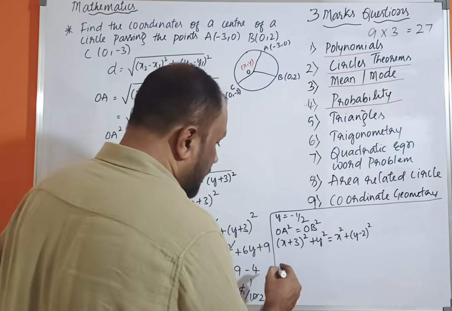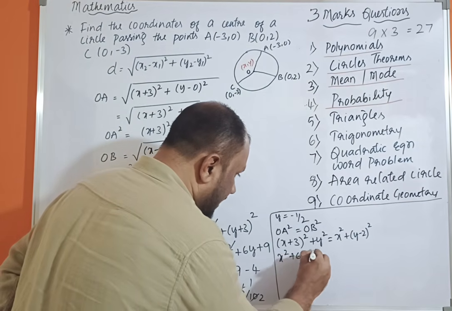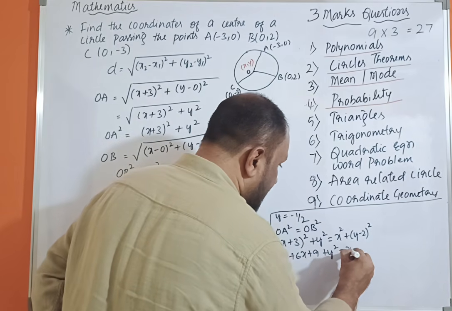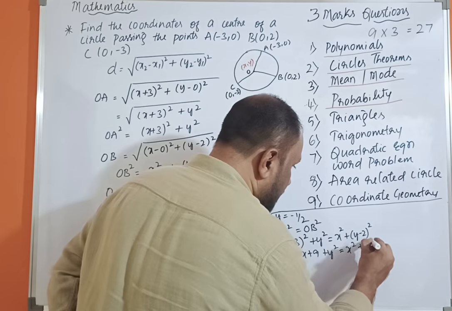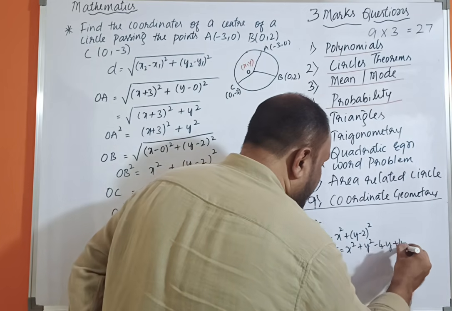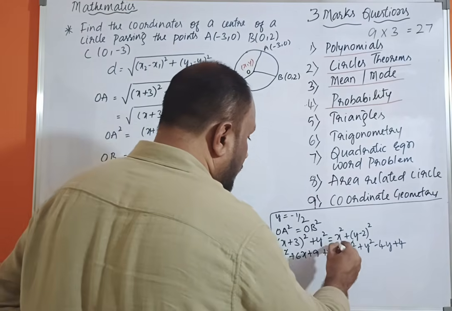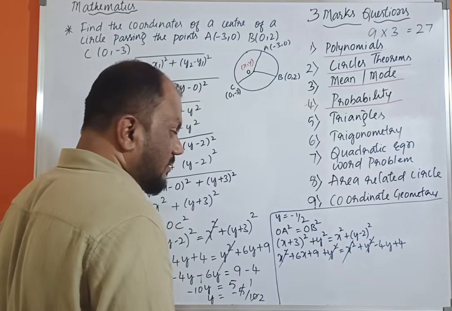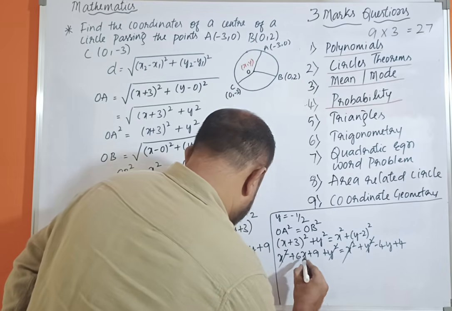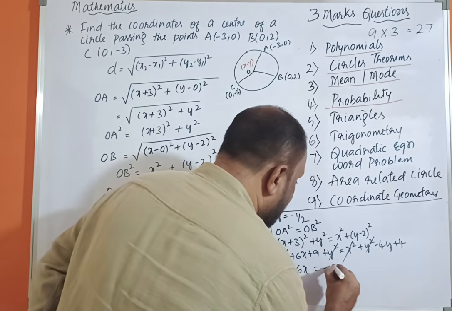Now it is following a plus b whole square. x square plus 6x plus 9 plus y square is equal to x square plus y square minus 4y plus 4. So x square cancels, y square cancels. Now 6x is equal to minus 4y plus 4 minus 9.